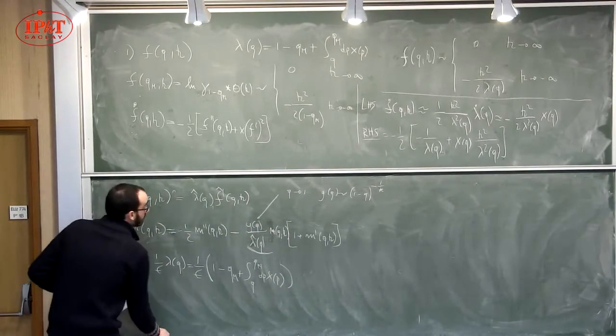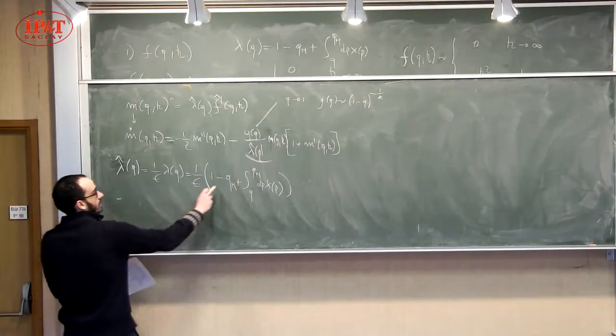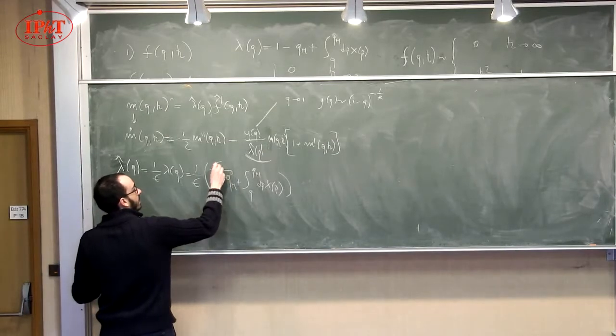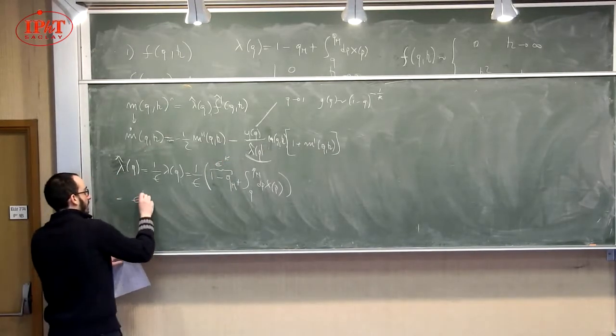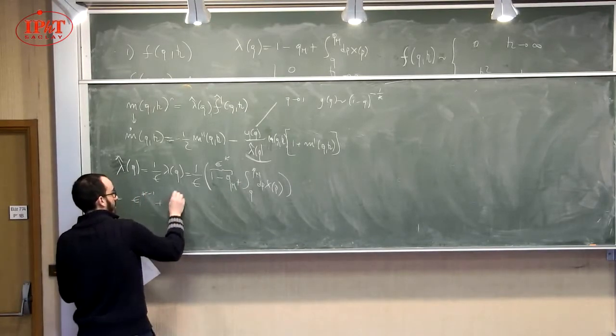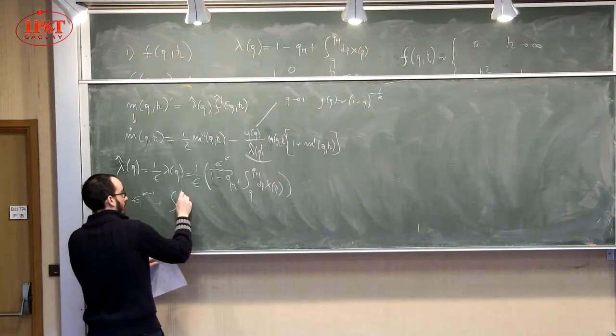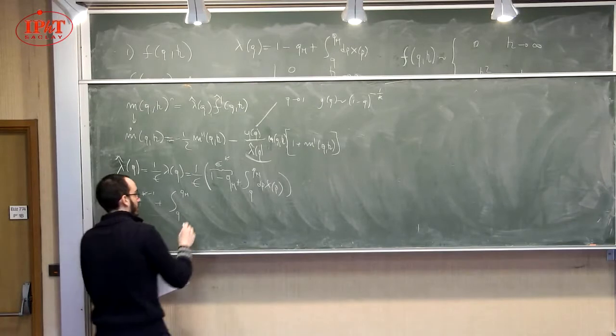So what is this? So this thing is epsilon to the k. Right? So this is epsilon to the k minus 1. And here I have plus qm. Okay, let's try this way.